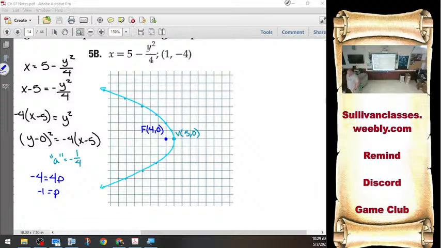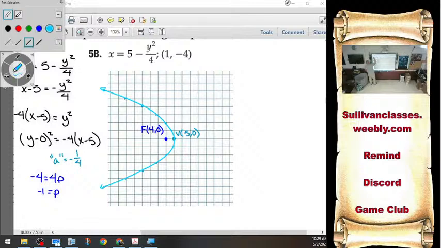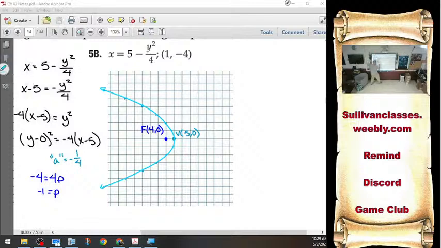Your 4p value is -4 divided by 4. P is -1. So your focus is 1 to the left of that point because it opens to the left.